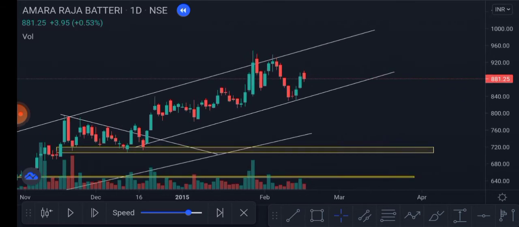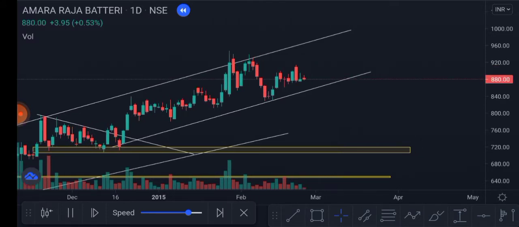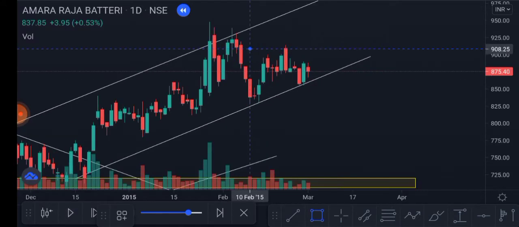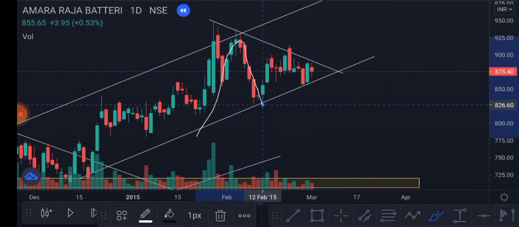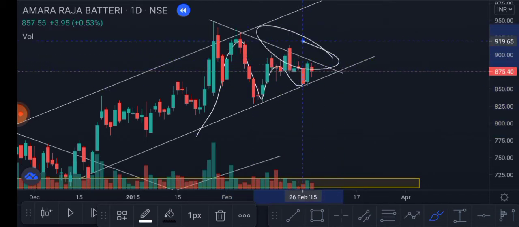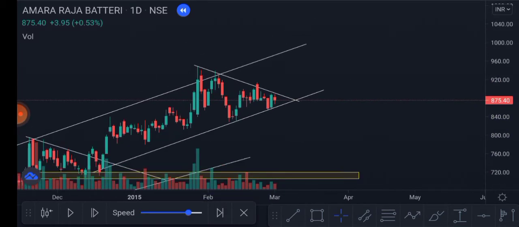This lower line is a support area. We'll run the software again. See, I can see a resistance line here. It is forming a triangle pattern over here. If this triangle pattern is taken out upside, I'll go long in this stock. Let's run.